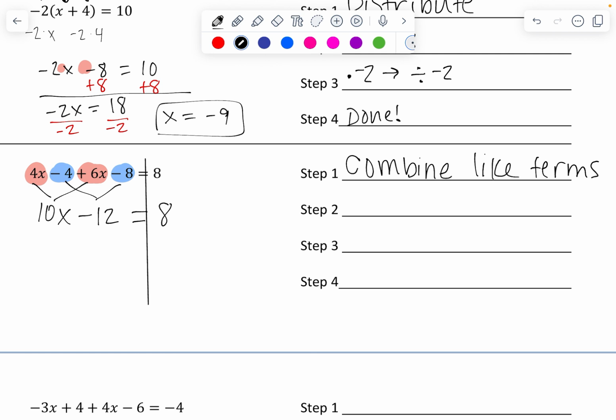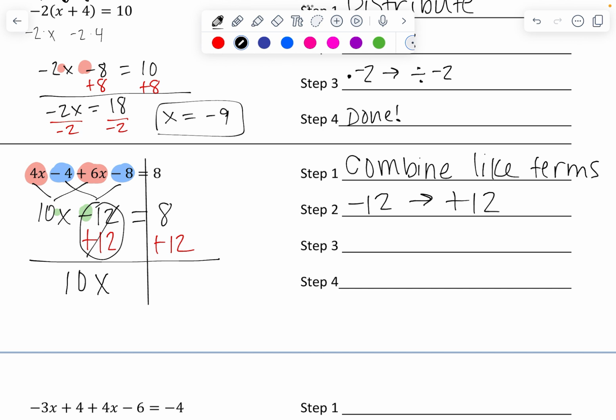The next step would just, again, undo what you see. Okay, on the side that has the letters, I see a subtraction and I see a multiplication. So I know I have to undo the subtraction of 12 first, and that means I'm going to add 12 to each side of the equal sign. So we'll go ahead and do that. Add 12 to the left and add 12 to the right. Making sure that that's 0, which it is.